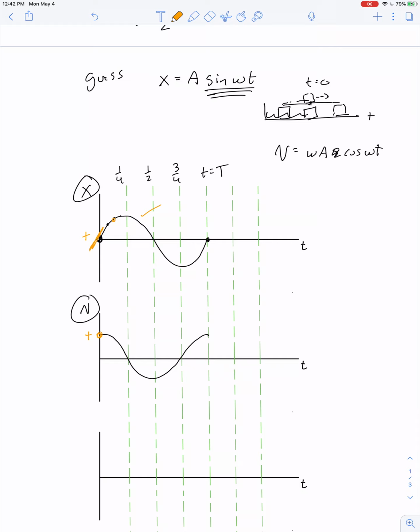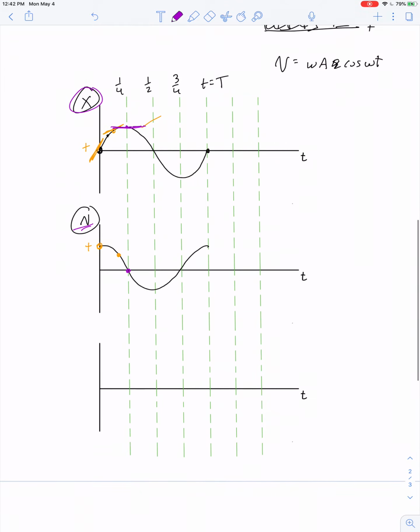At this point, the slope is still positive, but not as great in magnitude, which corresponds to that data point. And ultimately, at a quarter cycle, the slope of the graph for position is 0, which means the value of velocity is 0.